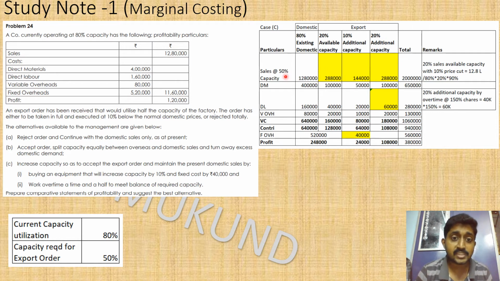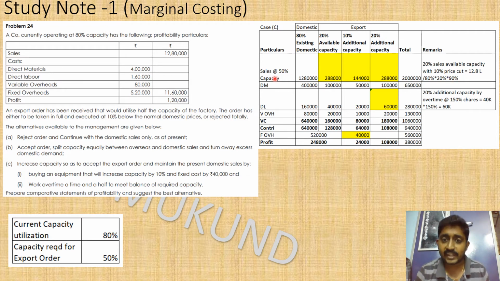But the export order is done with a 10% price cut. So it is 12.8 lakhs divided by 80 multiplied by 20 multiplied by 90%. We multiply by 90% because we are meeting the export demand with a 10% price cut. So we are multiplying by 90%. Guys, understood this formula?